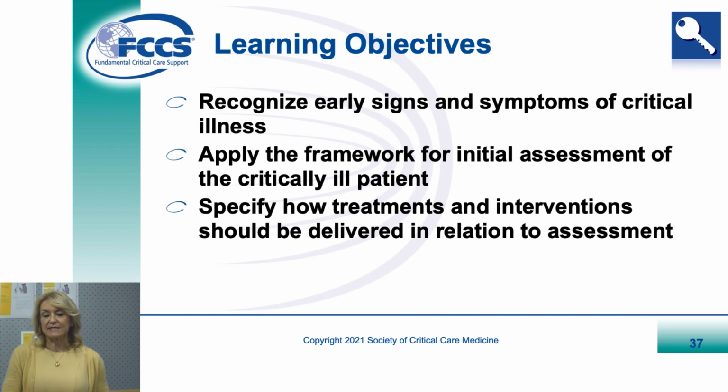The ABCDEF assessment also specifies how treatments and interventions should be delivered in relation to assessment. And bonus, I've given you the dyspnea pyramid, which is a great tool to narrow down your differential diagnosis of dyspnea based on the physiologic and laboratory parameters. And I've given you the SBAR urgent communication tool that you can use in future.